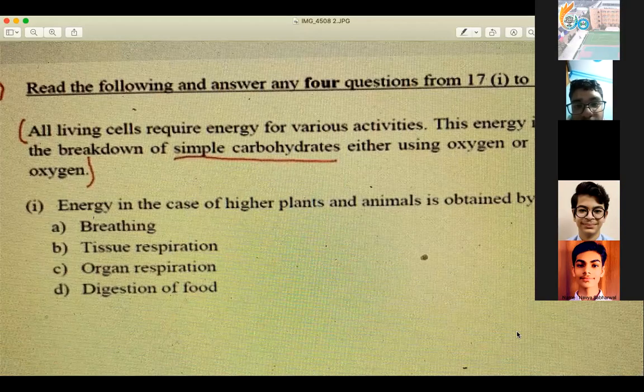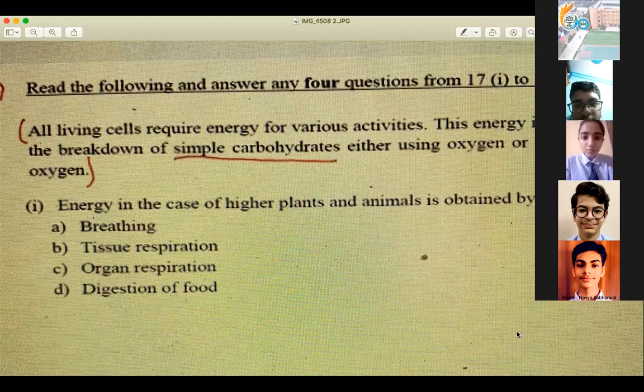Are you able to see the shared screen? Ma'am, it's loading. Ma'am, yes, it's visible now.